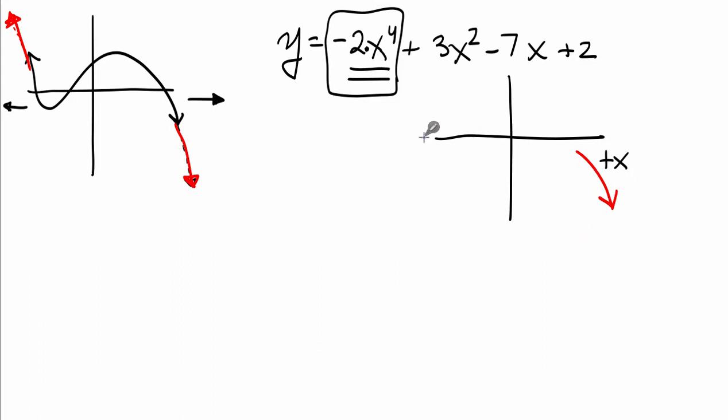Now, on the left-hand side, let's think of some large negative value for x, maybe negative 100. If you take negative 100 as x and raise that to the fourth, you will still get, because this is an even exponent, a positive result. However, you still need to multiply by the coefficient negative 2. The end result is that on the left-hand side, this polynomial will also travel downward.